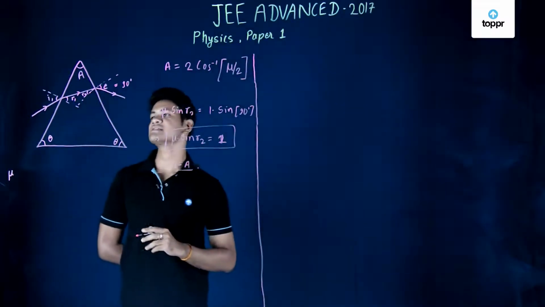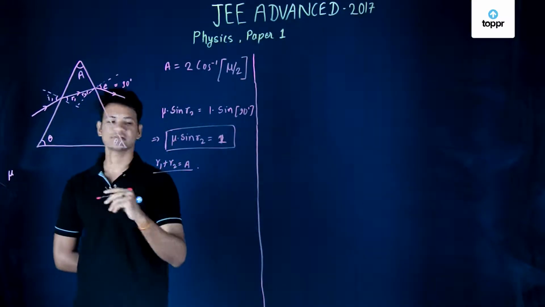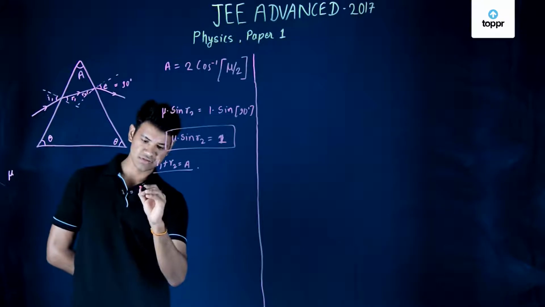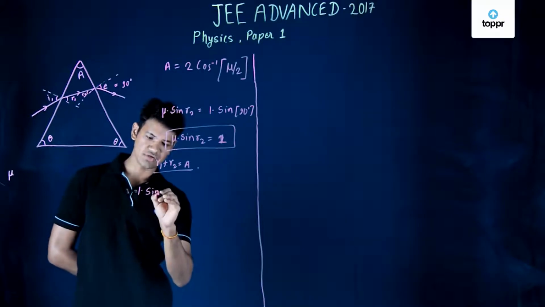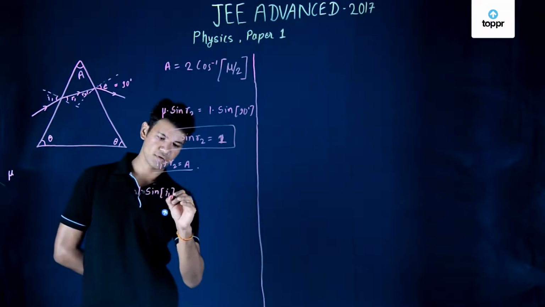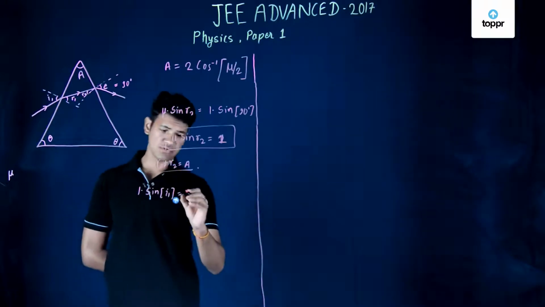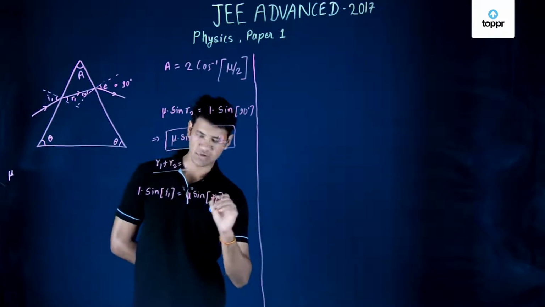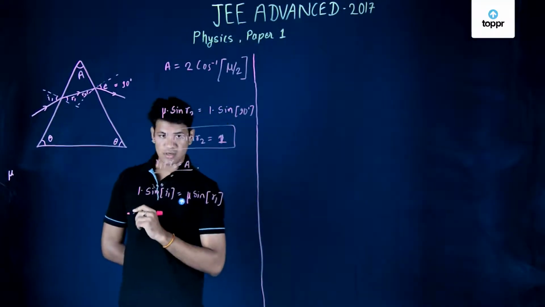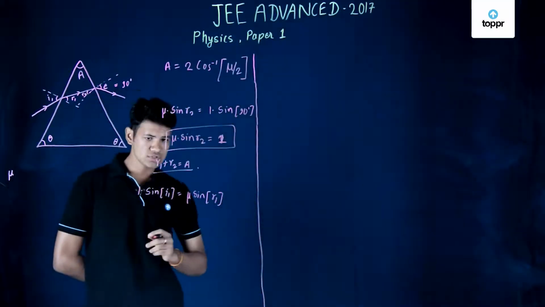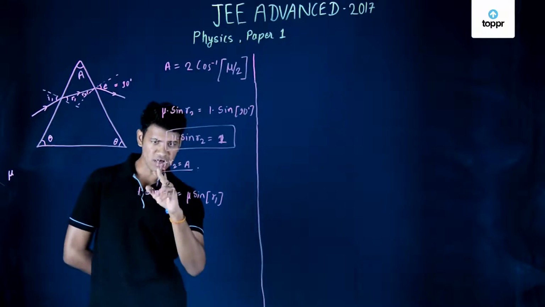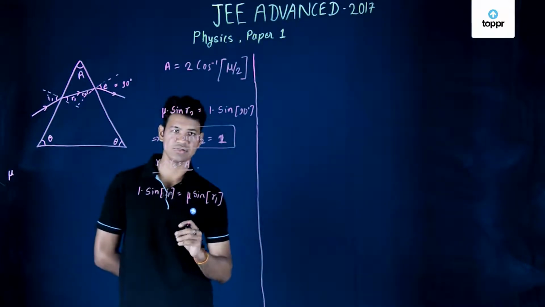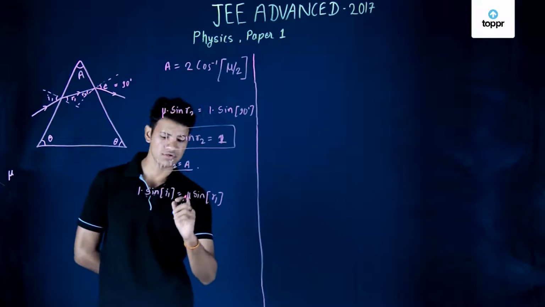Now applying Snell's law at the first surface, we'll get another relation. Using Snell's law at the first surface, 1 into sine of I1 is equal to mu times sine of R1, right? Now we have the value of R2 and R1 in these two equations, so it is better to eliminate R1 and work in terms of only R2.